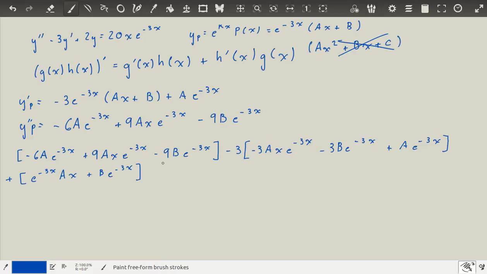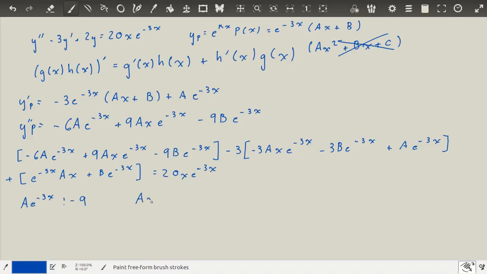What that's going to give you, once you simplify everything here, and remember that this is going to be equal to 20x e to the negative 3x. So once you simplify everything and collect like terms, we're going to look at the coefficients. For the coefficient of a times e to the negative 3x, your coefficients when summed up are equal to -9.